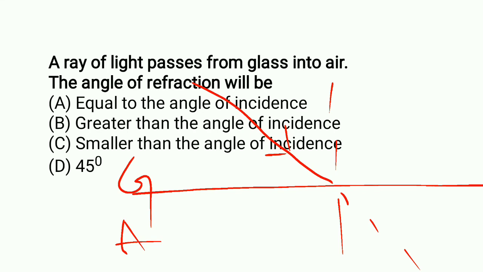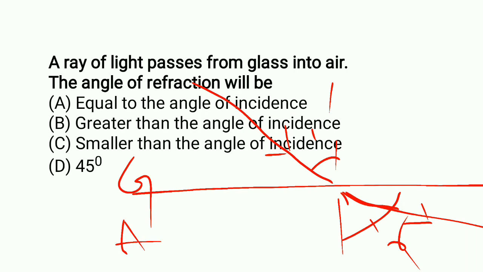Here glass is the denser medium and air is the rarer medium, so the refracted ray bends away from the normal. This is the angle of incidence and this is the angle of refraction. So this is the diagram.